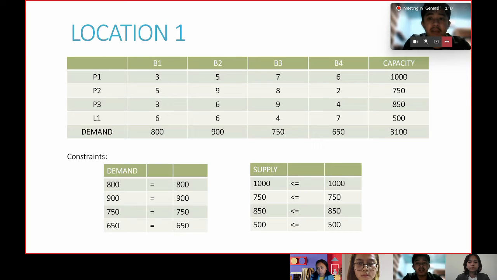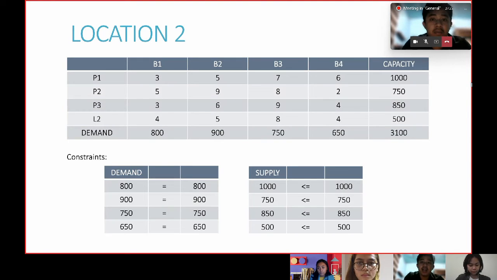This is the table where the location 1 shipping cost is added to the overall table with shipping costs of 6, 6, 4, and 7 from B1 to B4 respectively. Next slide, please. On the other hand, this is the table where the location 2 shipping cost is added to the overall table with shipping costs of 4, 5, 8, and 4 from B1 to B4 respectively.